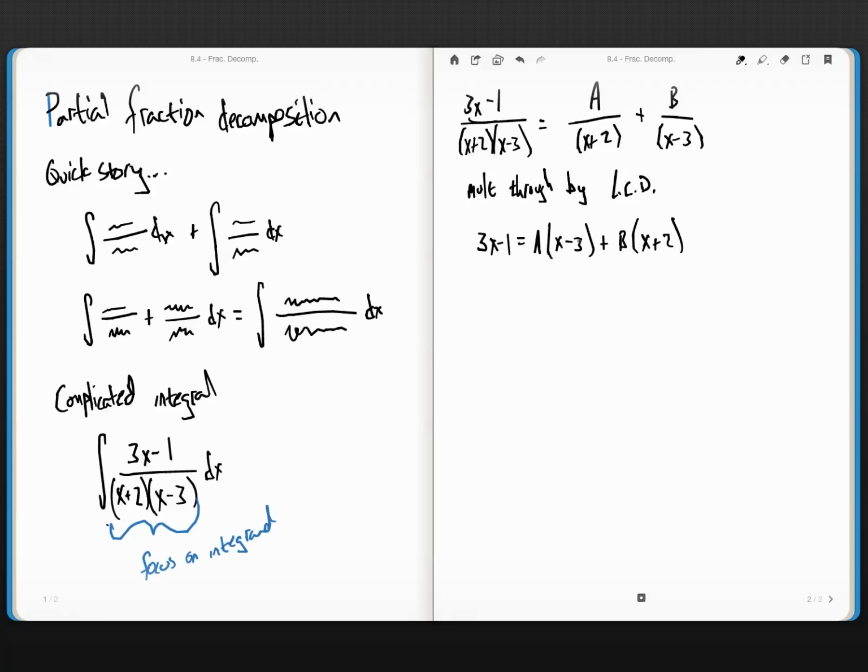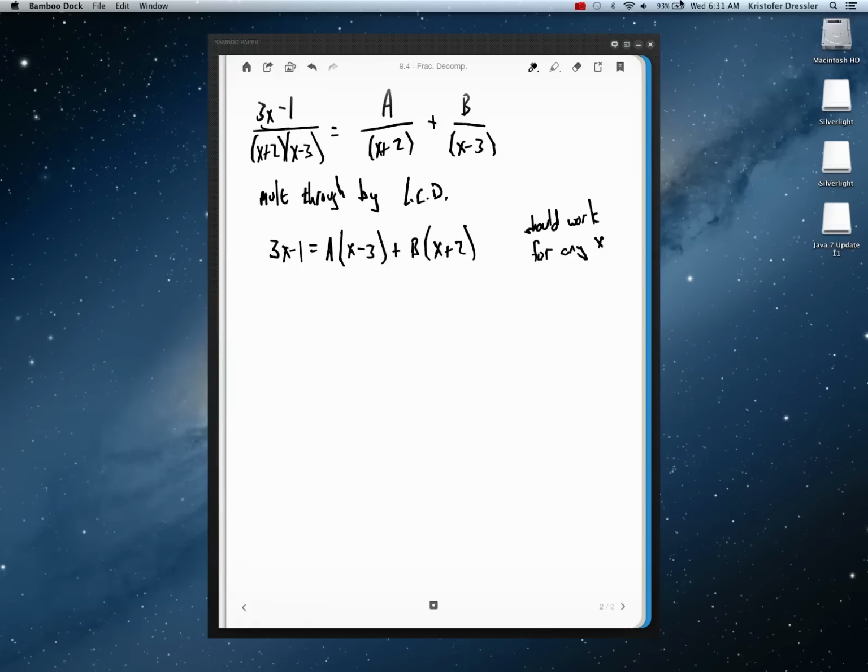Well, this should work for any x, so I'll make a note: should work for any x. So what would be a convenient value of x to use here? Let's see, actually, I'm going to pause for a second to make sure I do this the right way.